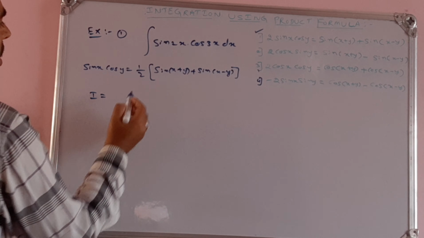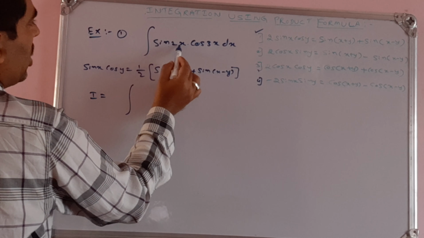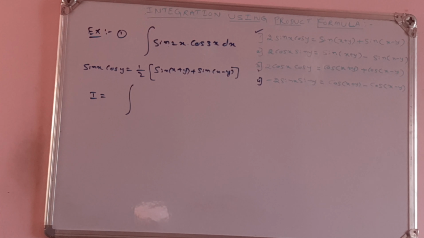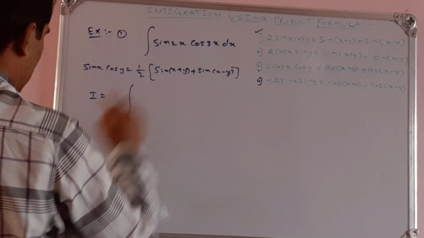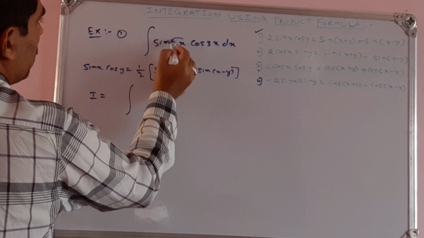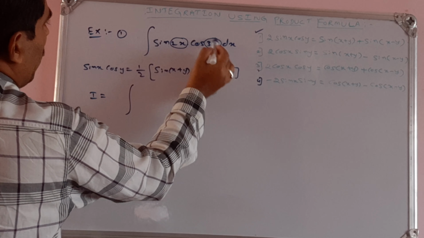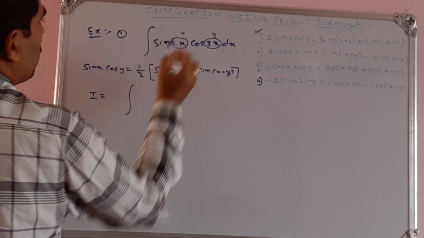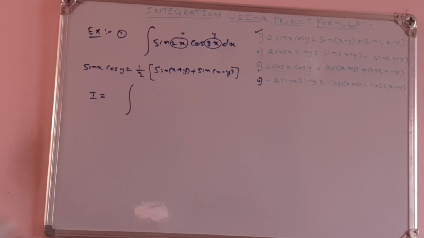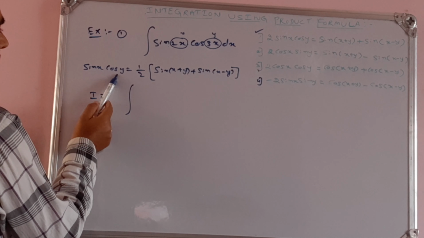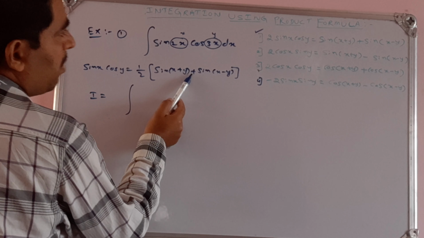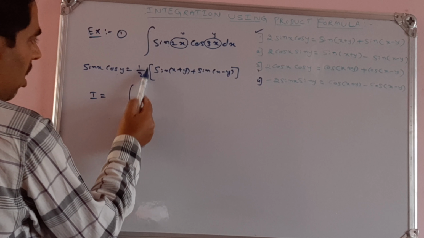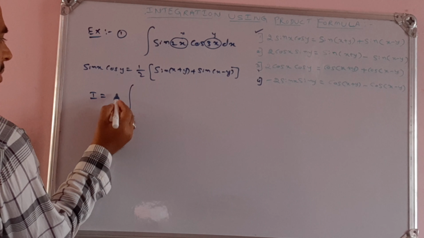The integral of sin 2x into cos 3x: here this is x and this is y. Sin x cos y can be written as sin of x plus y plus sin of x minus y divided by 2. This half I can write outside because it is a constant.